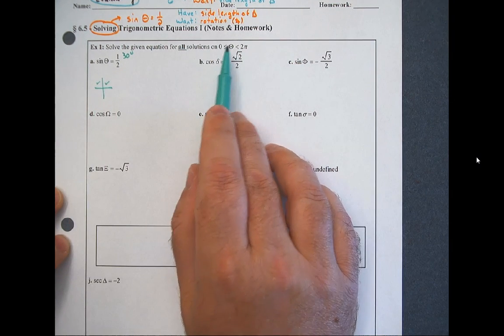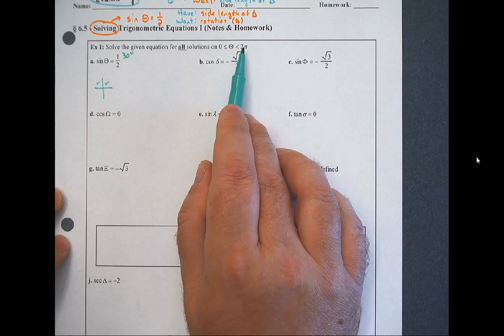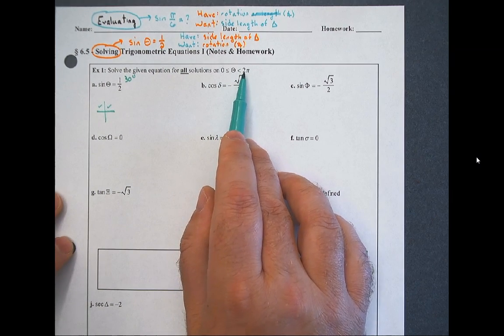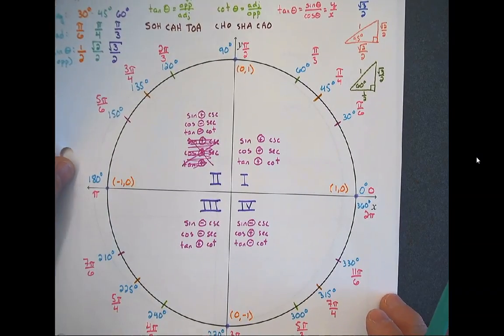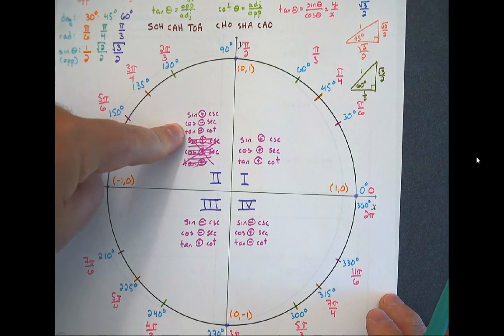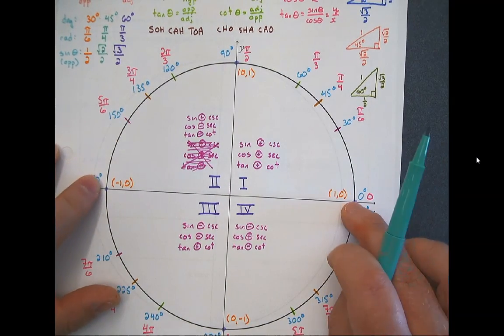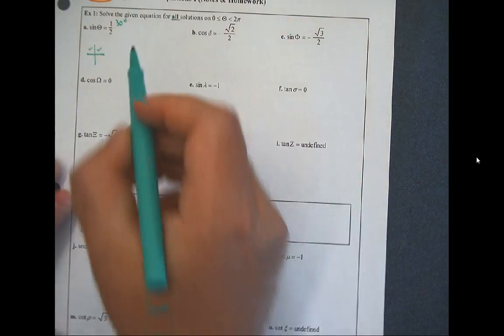Now, because our solutions lie between 0 and 2 pi, 2 pi is what kind of units? Those are radians. So our answer should be in radians as well. So now I'm going to go to my unit circle, and I'm going to try to find in quadrants 1 and 2, who are the 30-degree angles in those? That's pi over 6 or 5 pi over 6.